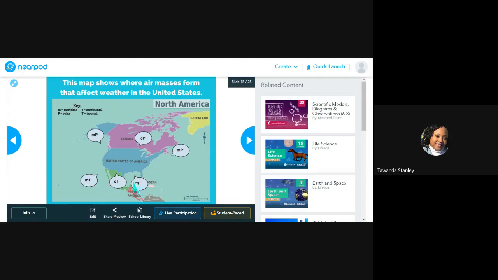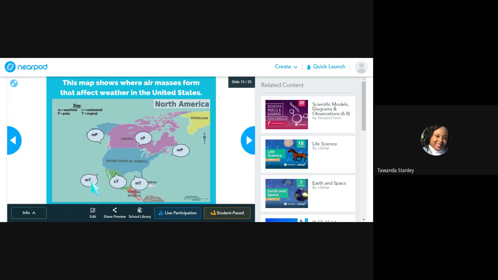Then we're going to go down here, and these are closer to the warmer areas. So this is going to be maritime tropical because it again is forming over the ocean, but because the temperature in this area is tropical, that means it's going to have warmer temperatures.